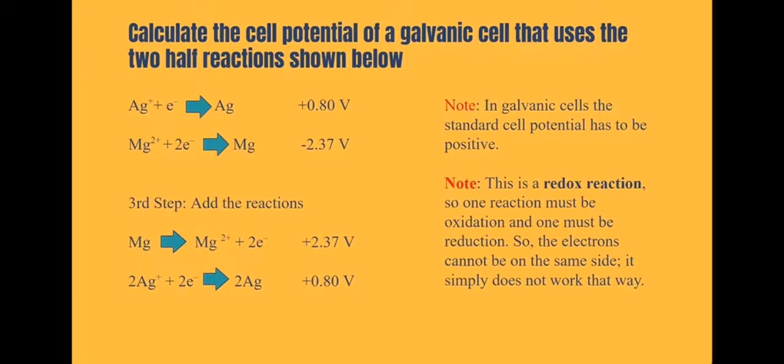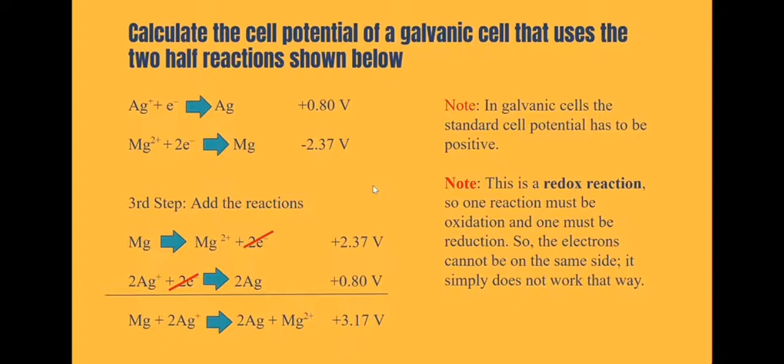The third step is to add the reactions. Note that this is a redox reaction. So one reaction must be oxidation and one must be reduction. So the electrons cannot be on the same side. It simply does not work that way. If we add the reactions, notice that the two electrons here are cancelled.